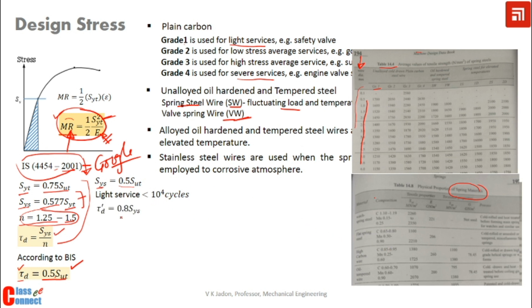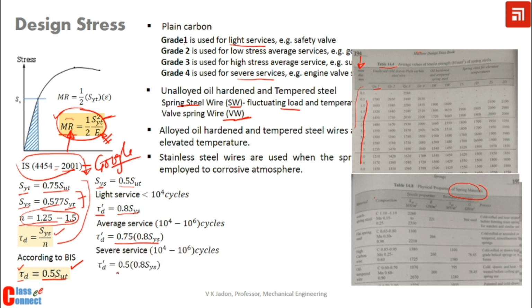For the light service case, we calculate tau D dash as 0.8 times SYS. For the average service case, we further reduce the design stress, and for the severe service case, we reduce the design stress further. And then it gives us the theoretical value of design stress.